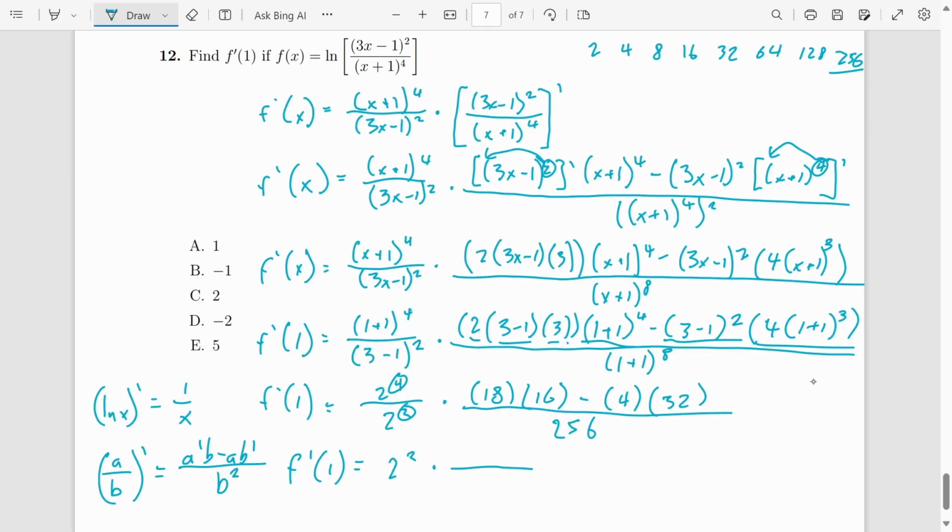What we should do instead of just multiplying 18 and 16 is first rewriting this. So this 4 times 32, we can rewrite that as 8 times 16. So it basically took a 2 from the 32 and gave it to the 4. And now since we've got 2 16s in both of these terms, we can just take it out on the front.